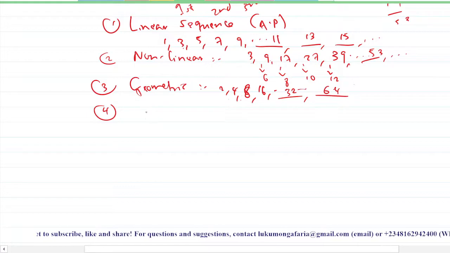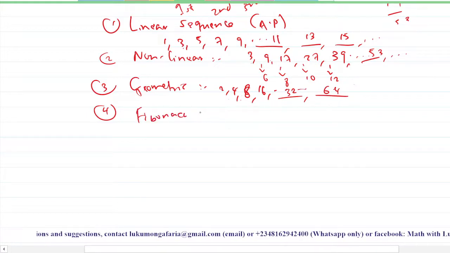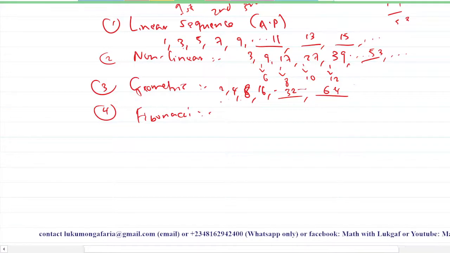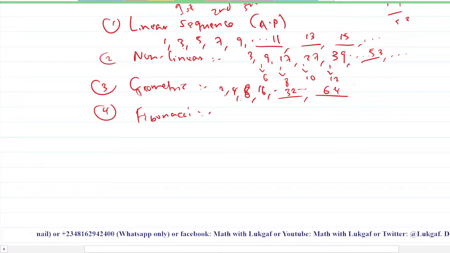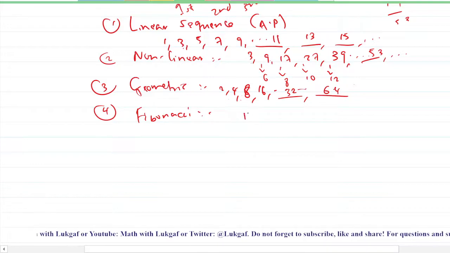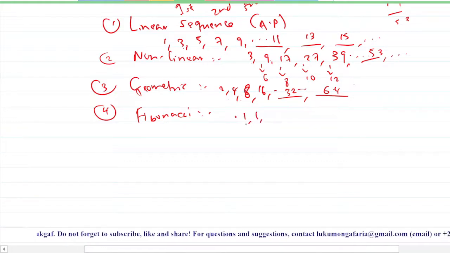Then we still have what we call the Fibonacci sequence. A Fibonacci sequence is a type of sequence whereby each term is the summation of the two previous terms. For example, when I have 1 here, it is like I'm having 0 here. So 0 plus 1, then I'm going to have 1. To obtain the next term, you add the two previous terms together. That is 1 plus 1, which gives you 2.